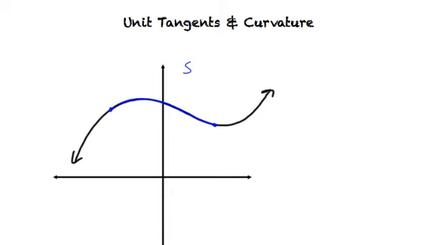But what's also true here is that if I take the rate of change of the arc length, the change in arc length with respect to the change in time, so in a certain amount dt, I go a little bit ds along the arc, then that rate should give me the speed.